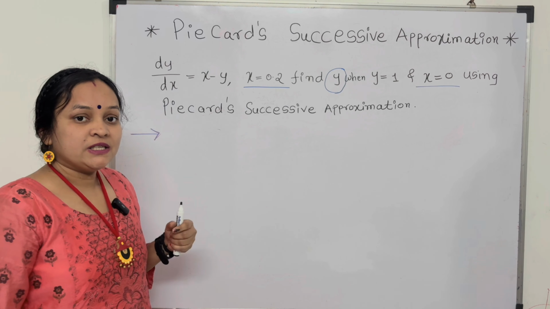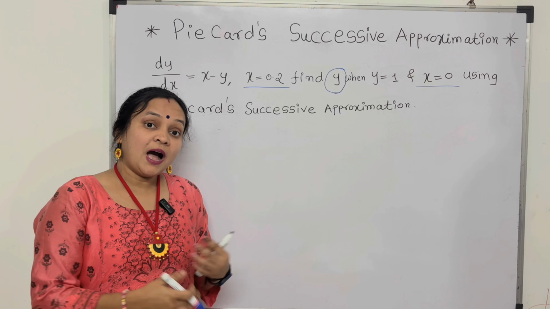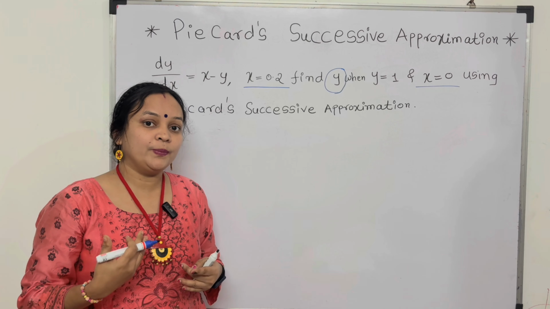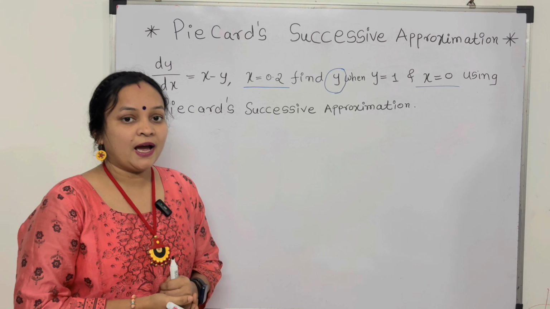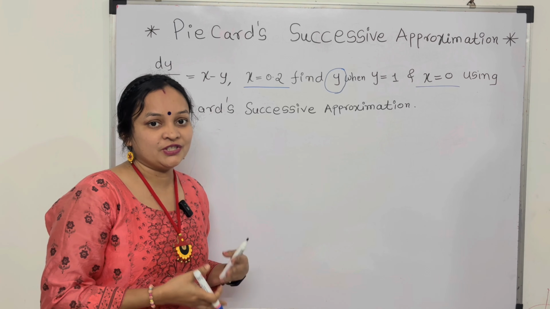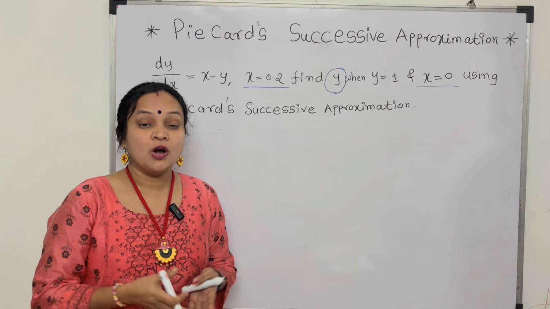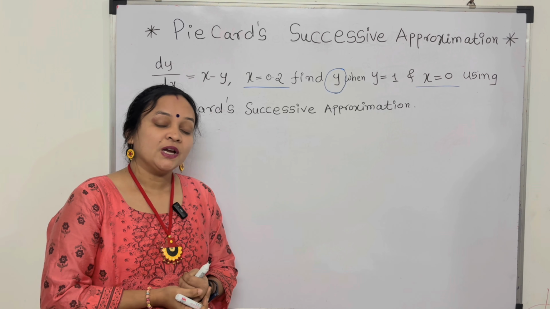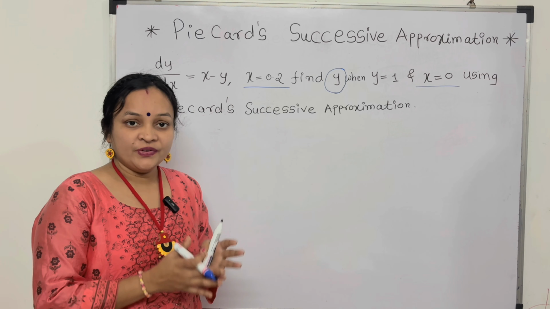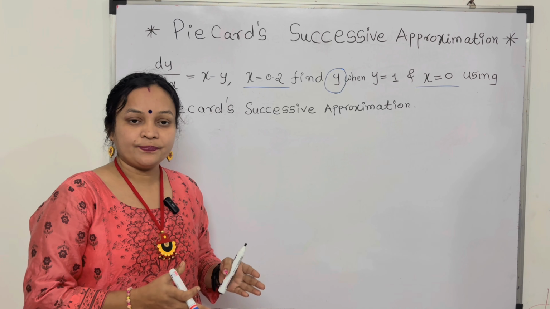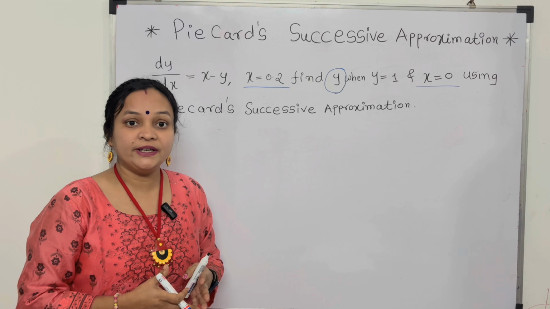Generally these methods involve trials, or you have to perform iterations. Sometimes students have the question of how many iterations are involved or how to calculate it. Generally it depends on which values they are going to ask, and up to that you are supposed to do the iteration.